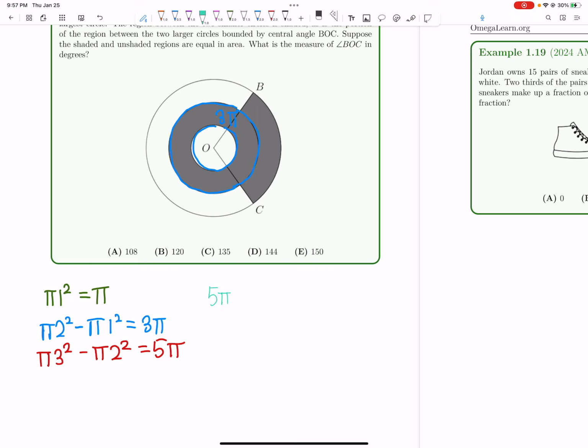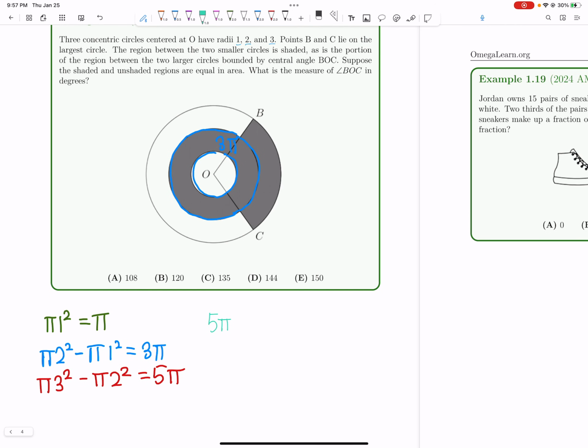But then we have to multiply by the angle of BOC divided by 360, right? Because if you think about it, this is a fraction. Remember, the area of the entire outer region that we called red was 5 pi. And this over here is just a fraction of it. So what fraction of the entire region is this?